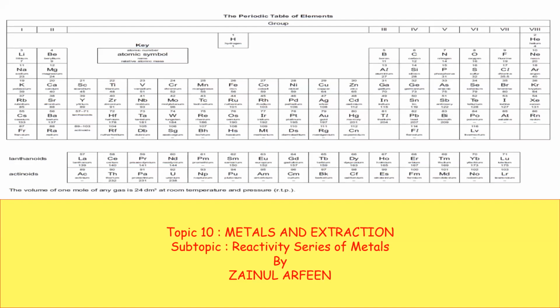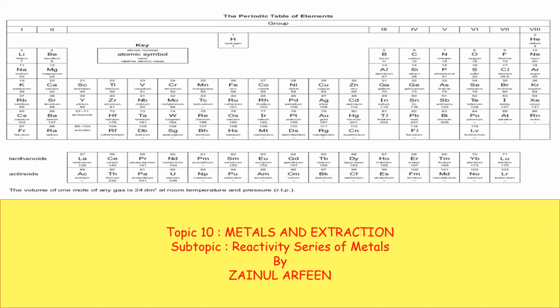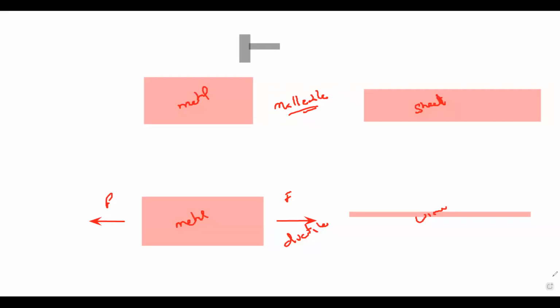Then the second topic is about the reactivity series of the metals. So it is the same thing you studied in the beginning in the electrolysis chapter. We started this reactivity series. So you should be able to mention the elements in terms of their reactivity. So that reactivity series includes potassium, sodium, calcium, magnesium.